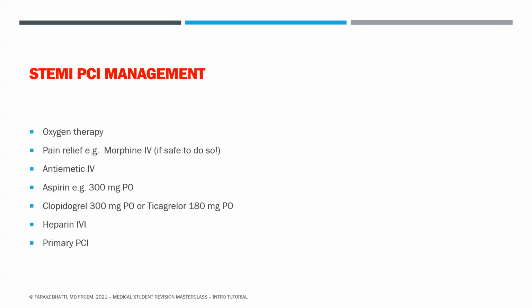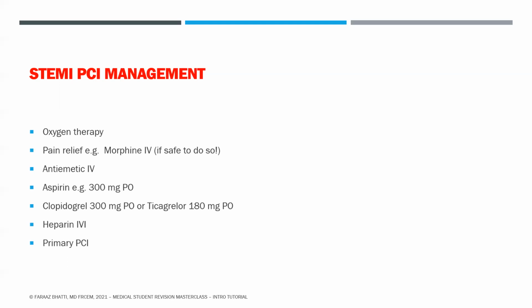So for most STEMI patients, you will want to give them oxygen therapy and pain relief, such as morphine, an antiemetic intravenously, aspirin at, for example, 300 milligrams orally, either clopidogrel 300 milligrams or ticagrelor 180 milligrams, depending on the preference of your cardiologist, and heparin intravenously, or low molecular weight heparin, and then primary PCI.